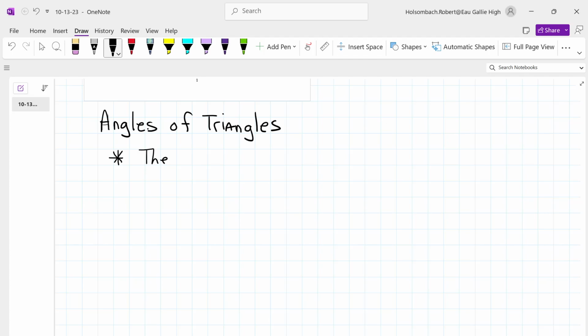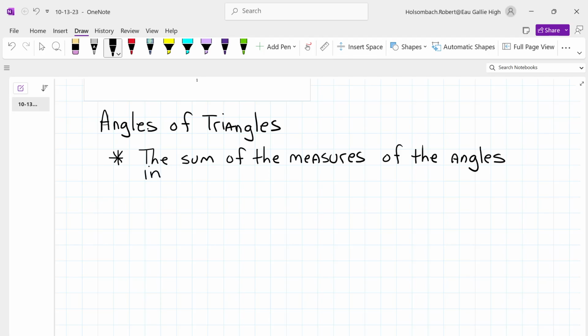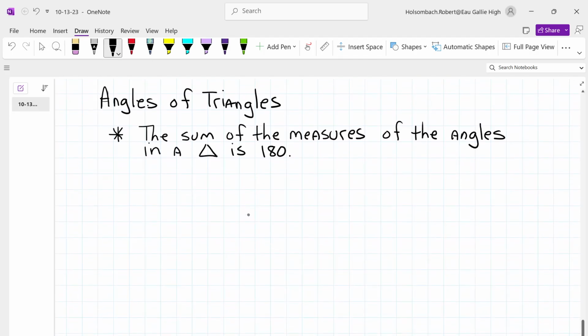The sum of the measures of the angles in a triangle is 180. The three angles inside of a triangle add up to 180 degrees.